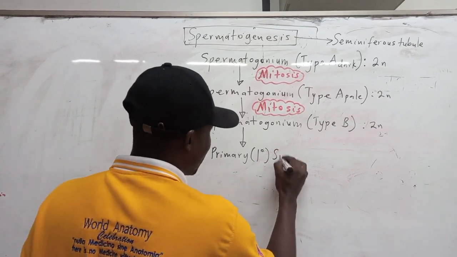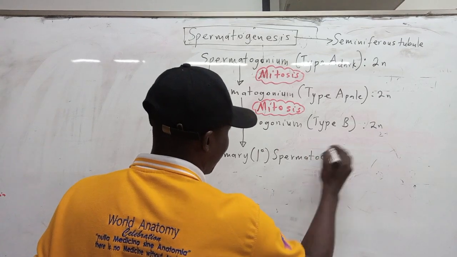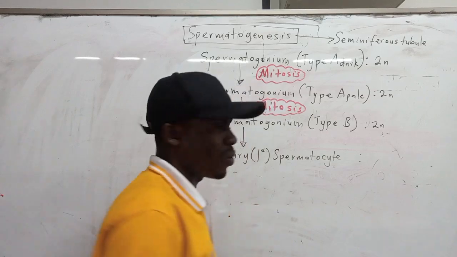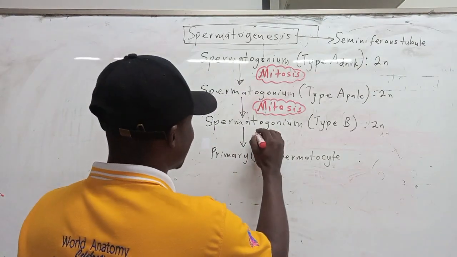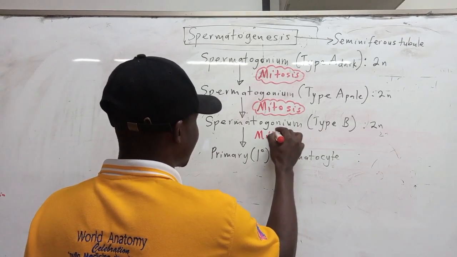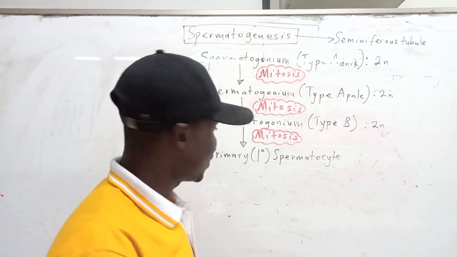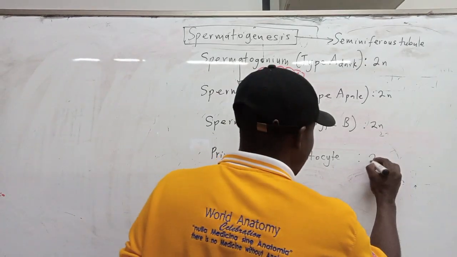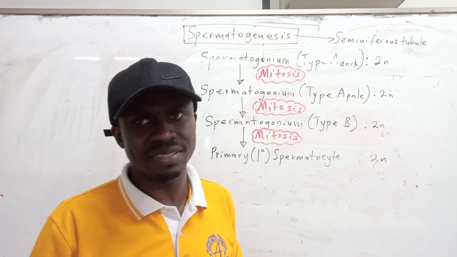So primary spermatocytes. And my friends, because I told you that this primary spermatocyte is a product of mitotic division, it reminds me that this primary spermatocyte will not be haploid, but it will also be diploid. Yes.